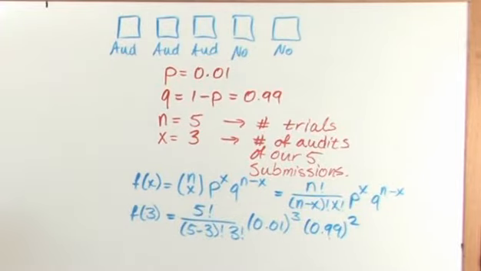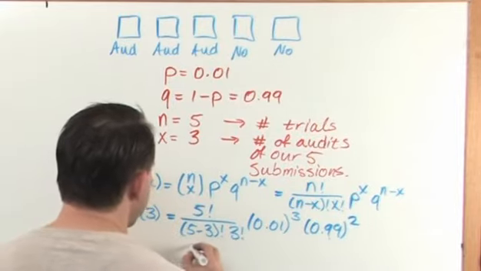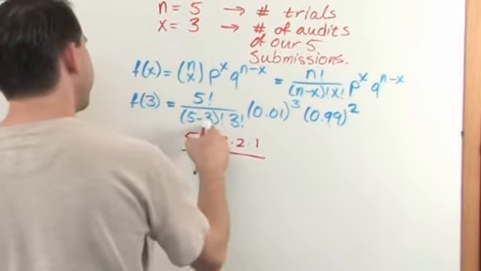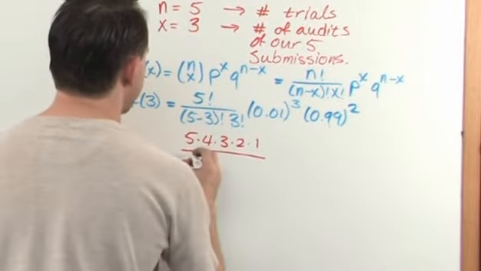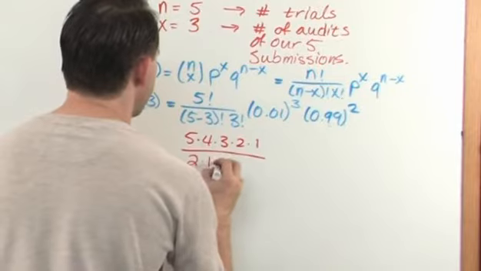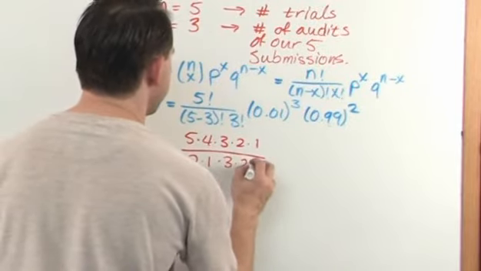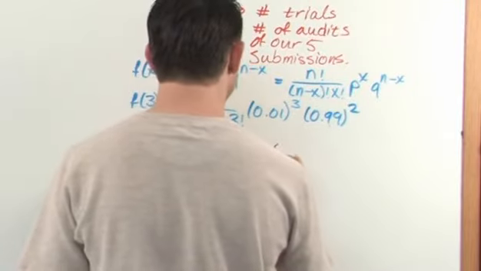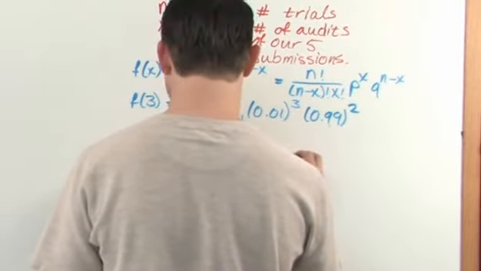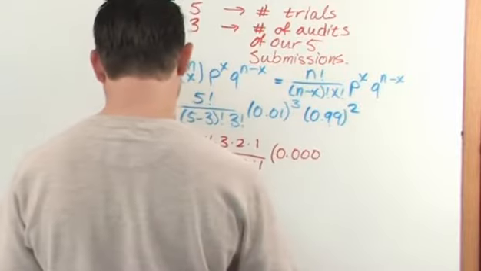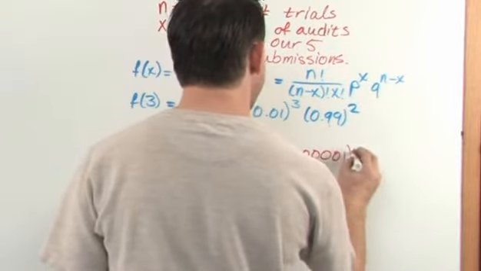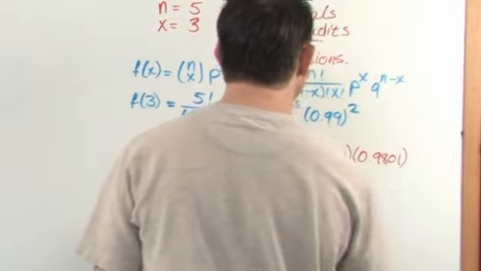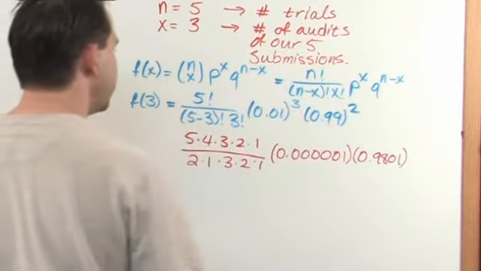Okay, so let me switch colors here for a second. What I'm going to have on top here is 5 times 4 times 3 times 2 times 1. On the bottom, 5 minus 3 is 2 factorial, so I'm going to have 2 times 1 times 3 times 2 times 1. And the 0.01 cubed is 0.000001, and the 0.99 squared is 0.9801.